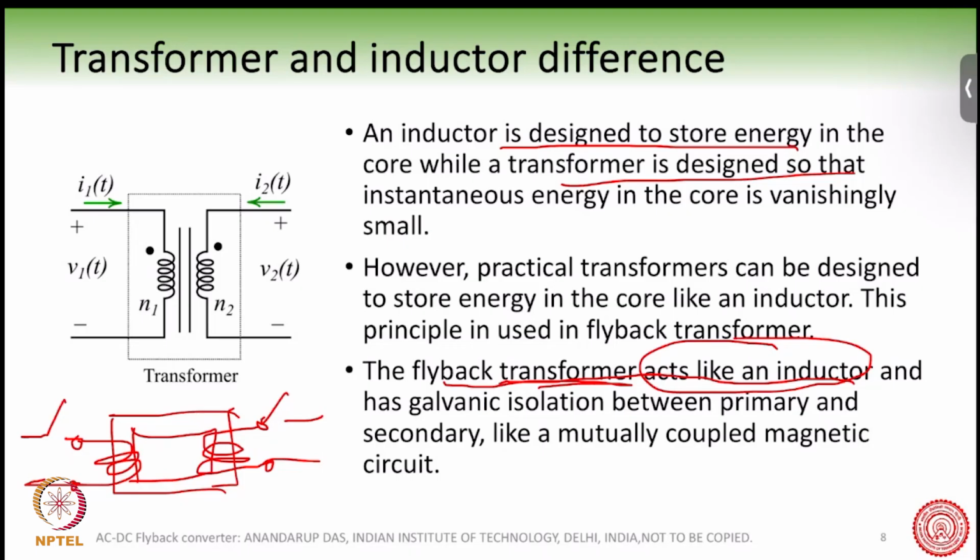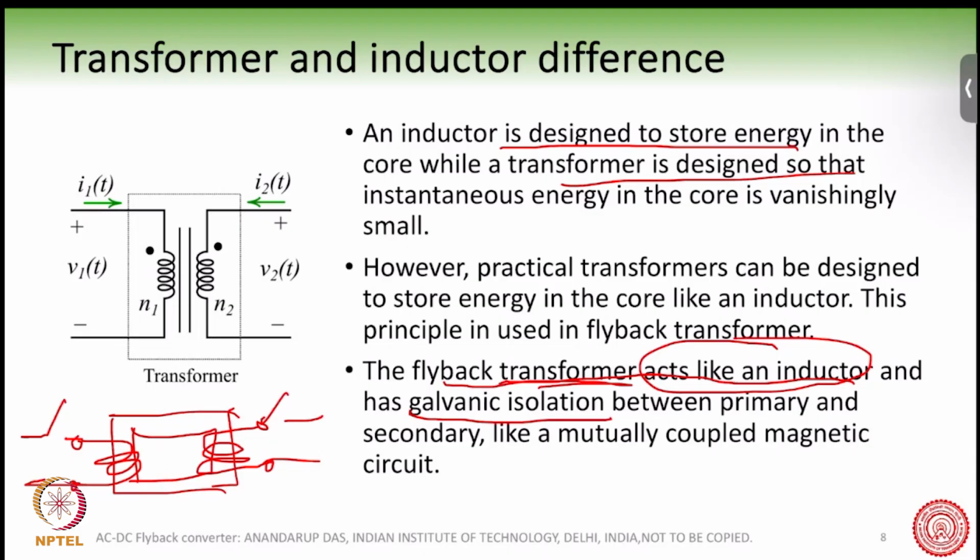Of course, it has galvanic isolation. You can understand that we have the galvanic isolation between the primary and secondary, like a mutually coupled magnetic circuit. But this transformer will work like an inductor. How will it work like an inductor?